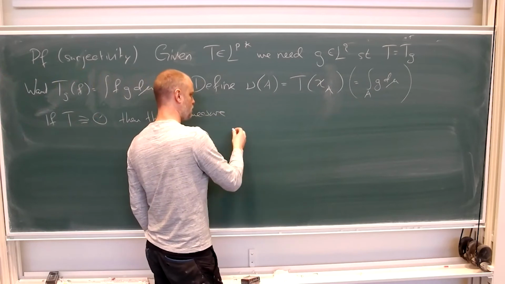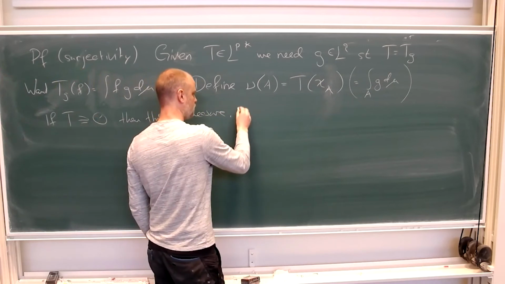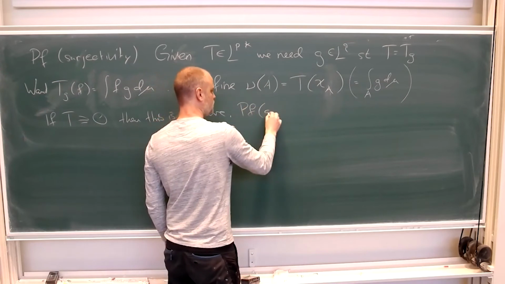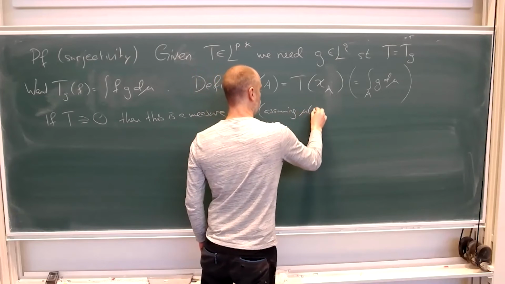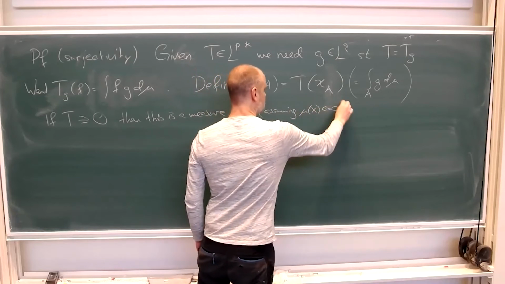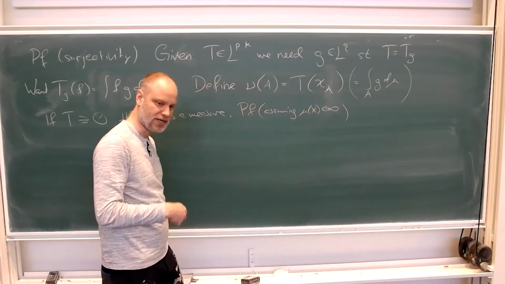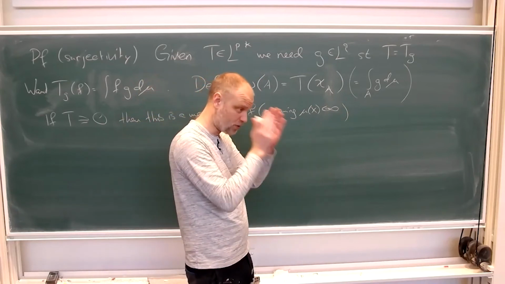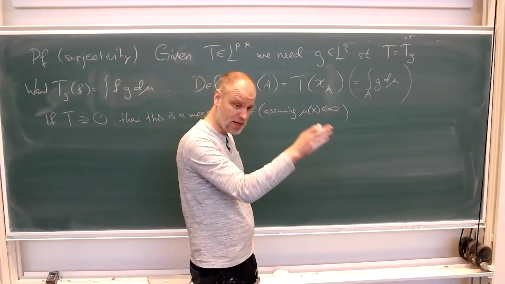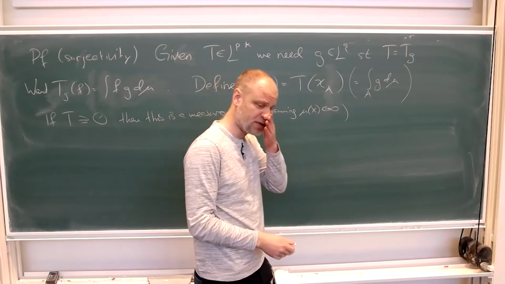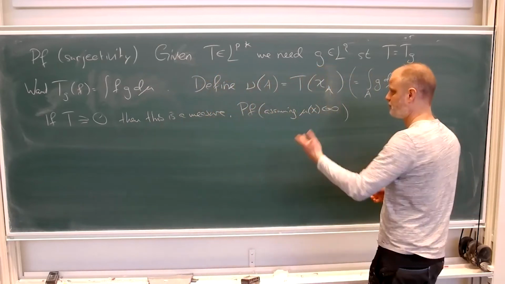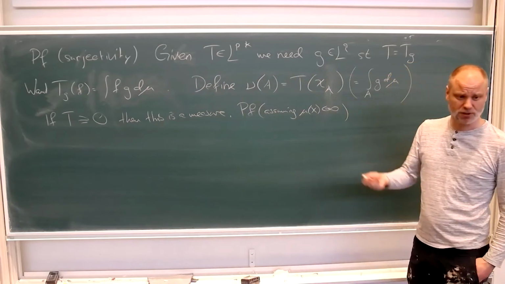Well, it's a proof assuming that mu of X is less than infinity, so mu is finite. We try to keep our aim at what's difficult here and not get led astray by too many details. So we just make this assumption.